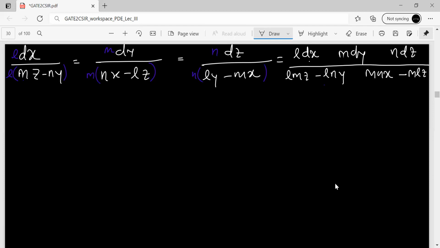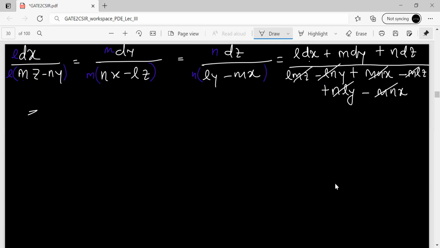One thing is confirmed: this is l m z plus, this is minus, so I have to add these two quantities. Now let's see what happens here. It is n l y and minus m n x, so of course this one will also be added. Okay, so all of them are getting cancelled.